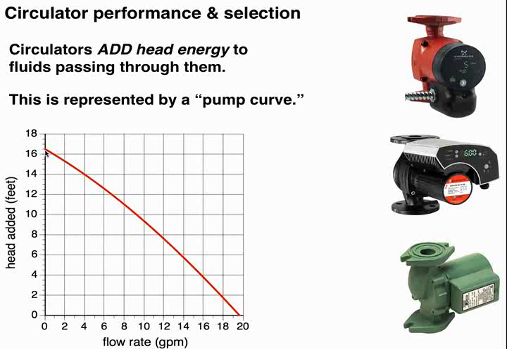The maximum foot-pounds per pound is added at zero flow rate, and then as we progress to the right here at higher flow rates, we add progressively less foot-pounds per pound to it. And every pump has a curve. If it's a single speed pump, it has one curve. We're going to see that as we get into variable speed pumps and multiple speed pumps, we have, for example, a separate curve for each speed.